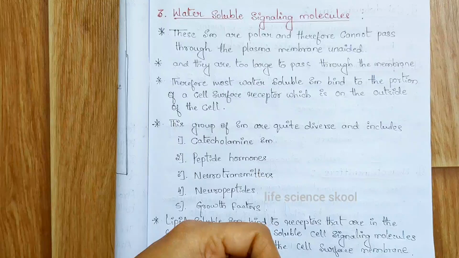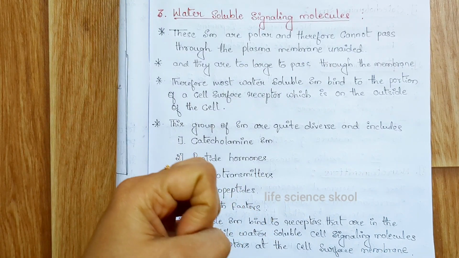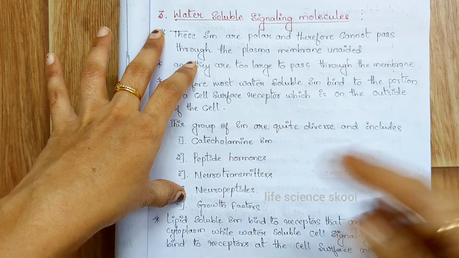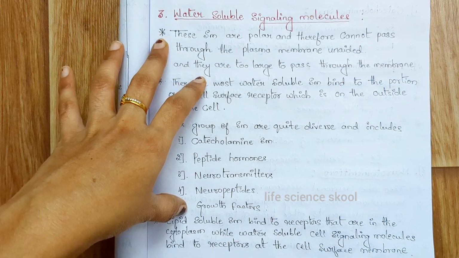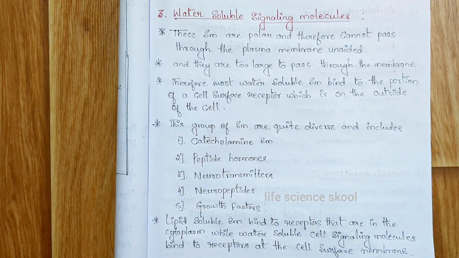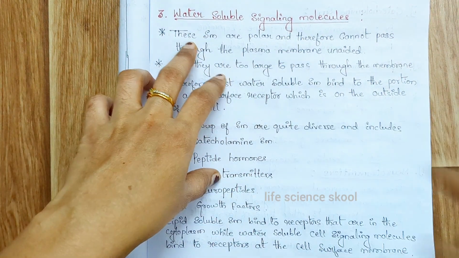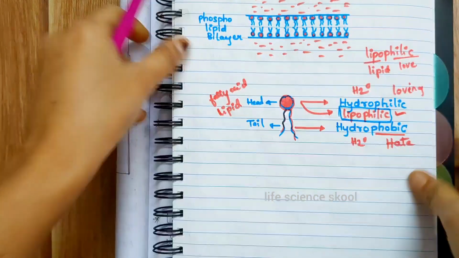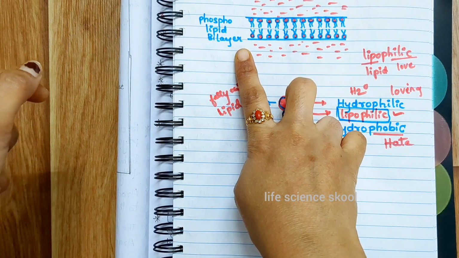Because of that, these signaling molecules are polar, so they cannot pass through the plasma membrane unaided, that is, without assistance. For example, if you see here, this is the phospholipid bilayer.